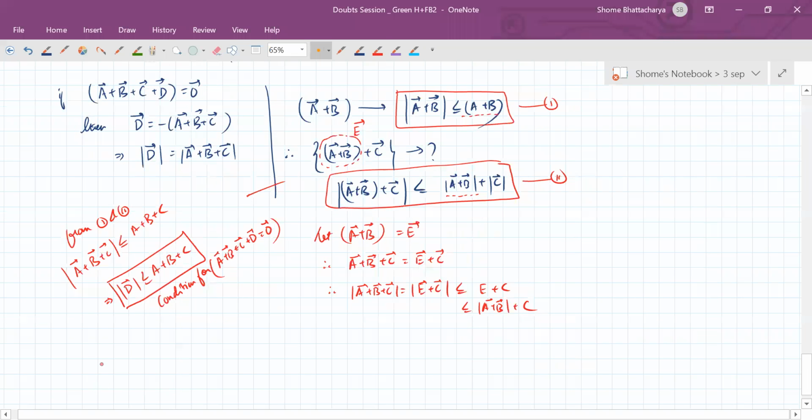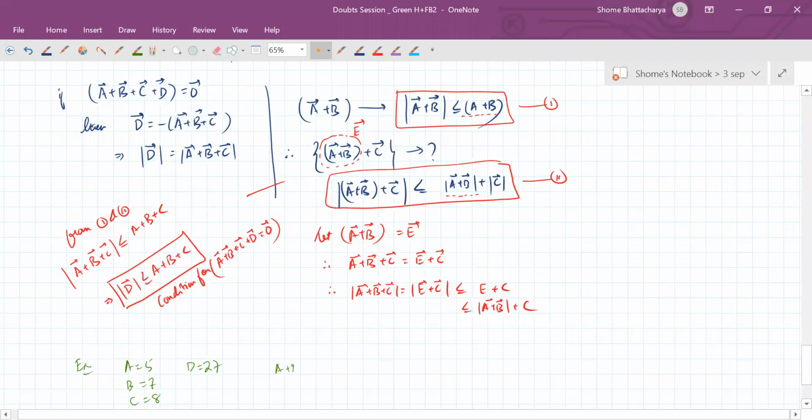Okay. So again, for example, suppose I have a situation where A is 5, B is 7, C is 8, and D is 27.